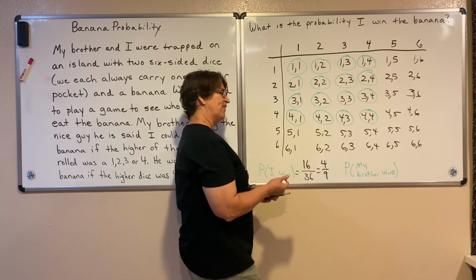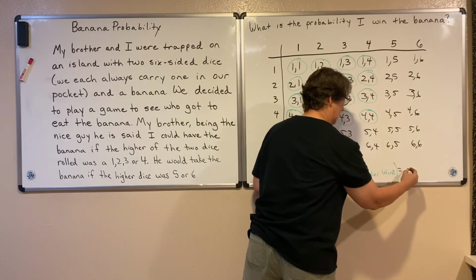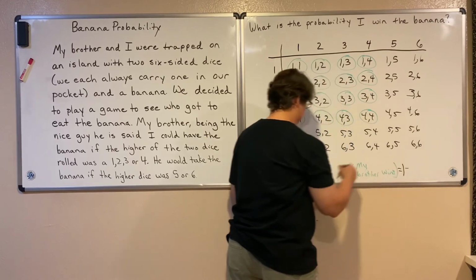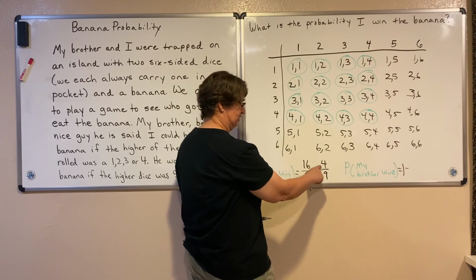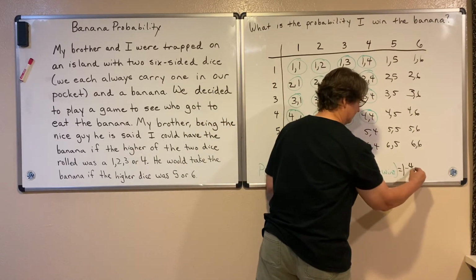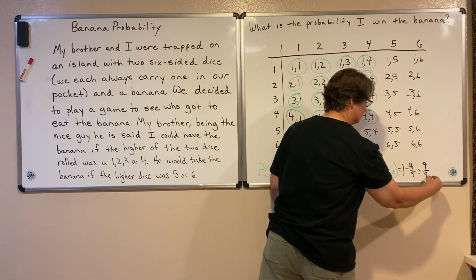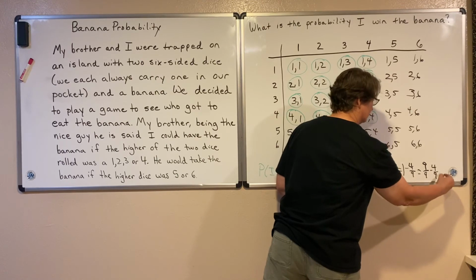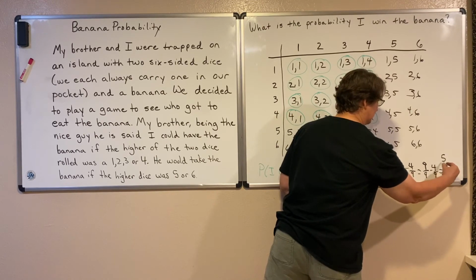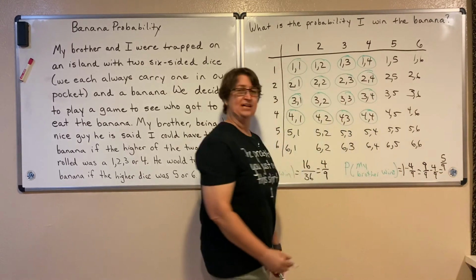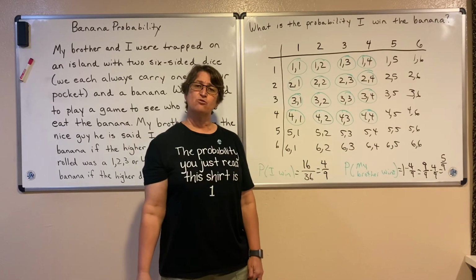So we could find that complement by saying 1 minus the 16 out of 36, or the 4/9. Well, 1 is 9/9 minus 4/9. So that means the probability he wins is 5/9. He has a better chance of winning.